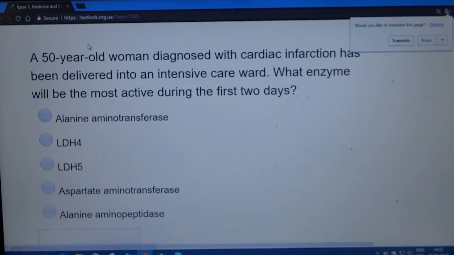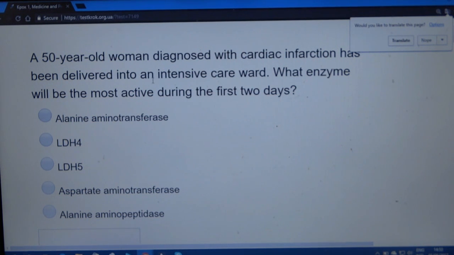Okay. A 50-year-old woman diagnosed with cardiac infarction has been delivered into an intensive care ward. What enzyme will be the most active during the first 2 days? So the most appropriate answer is what? Aspartate.